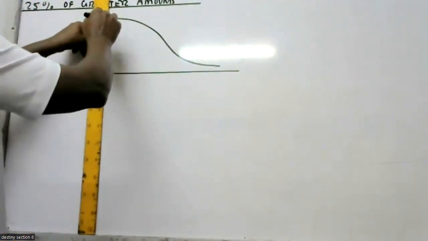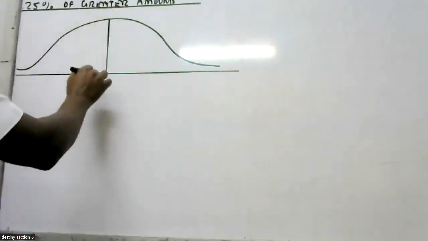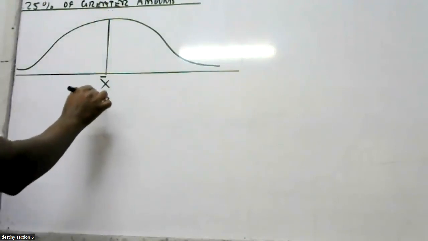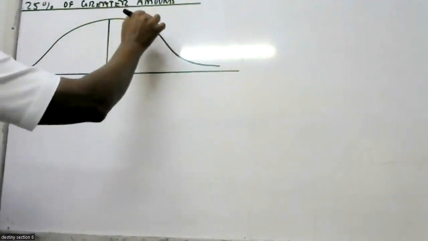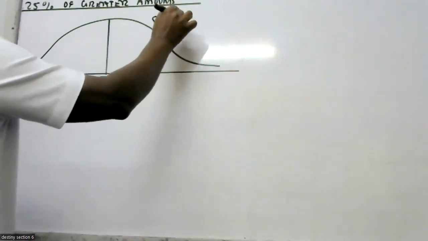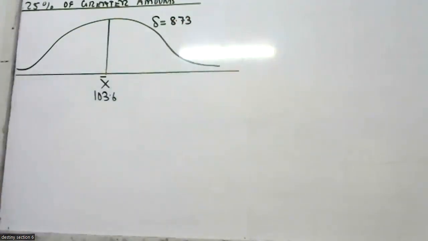Then we say this is our mean here, X bar, which is 103.6. Standard deviation here is 8.73.